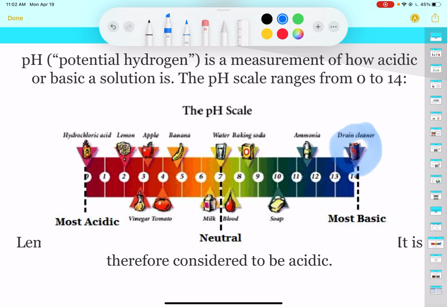That's not good, because then our stomach is not going to be able to break down the food that it needs to, and that could be dangerous to you. So it's really important that we don't eat things that are basic. We don't eat soap. We don't drink drain cleaner. Baking soda, we do have in small doses in our food, but you're not going to take a spoonful of baking soda and eat it because that's really gross.